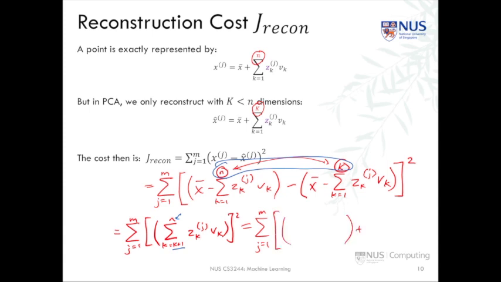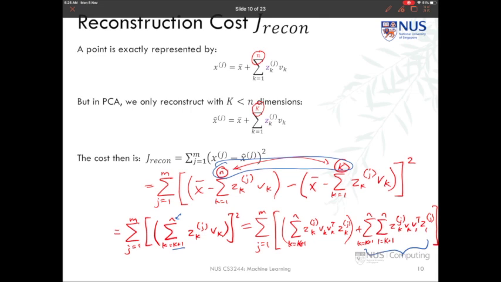Expanding the squares, we get something like this. Here we have our cost terms, but because the covariance matrix shows that we have orthonormal bases, so all of this gets zeroed out.